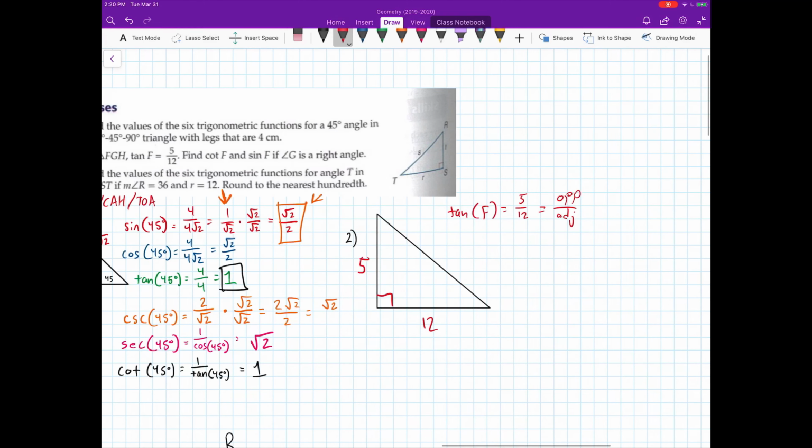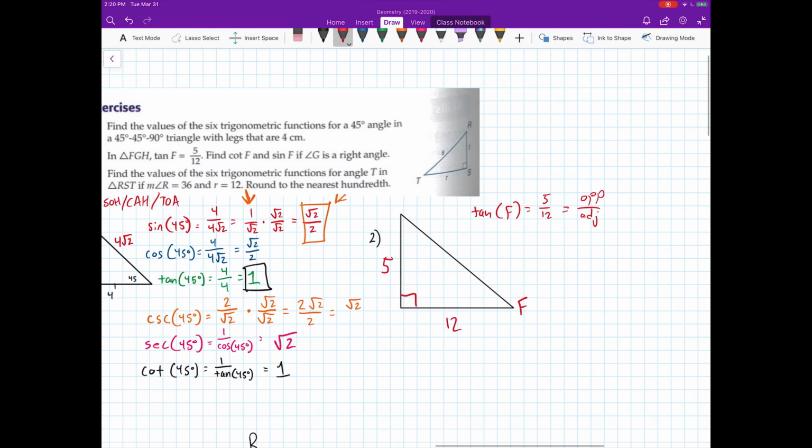So that means that 5 should be the opposite side from F. So now I know that F is going to be right there. And also G is a right angle, so H would be that last one right there.